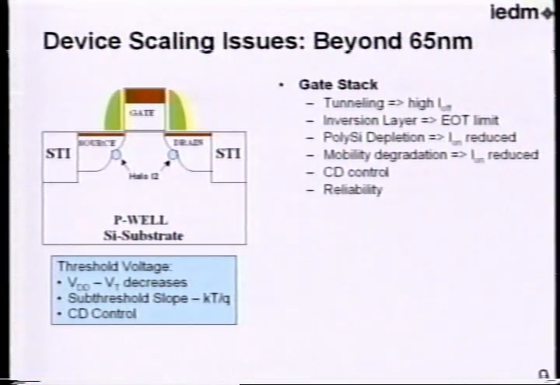So tunneling becomes a key issue in being able to turn the device off. Inversion layer, of course: as EOT reaches some limit, we can't continue to keep the inversion charge high if we can't continue to scale that down. Poly depletion is also an issue as we scale.